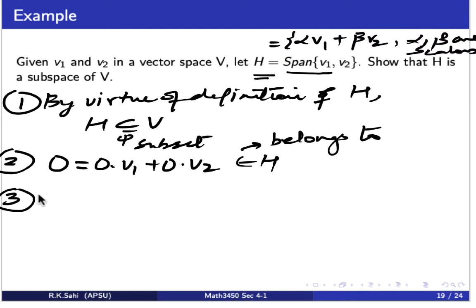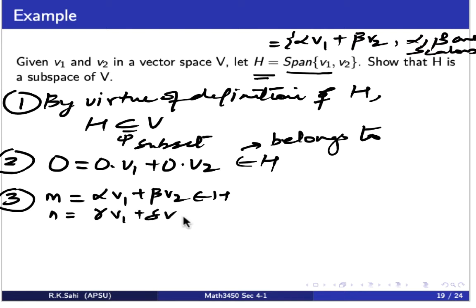Let's look at third. If I have two elements, I'm going to change the variables. Let's say M is an element, alpha v1 plus beta v2, and I have an element N, gamma v1 plus delta v2, which belongs to H. We have to prove that M plus N is also in H. So let's just do that.